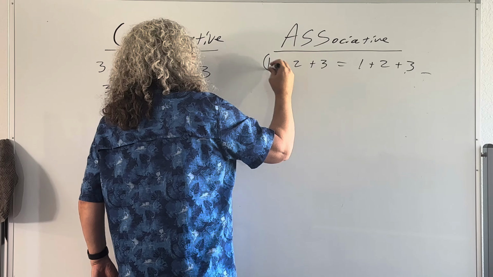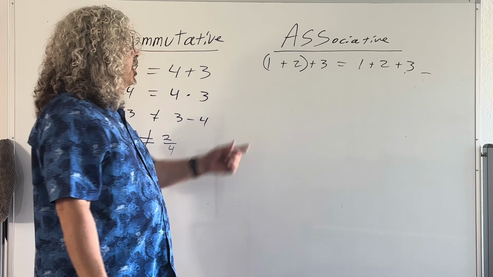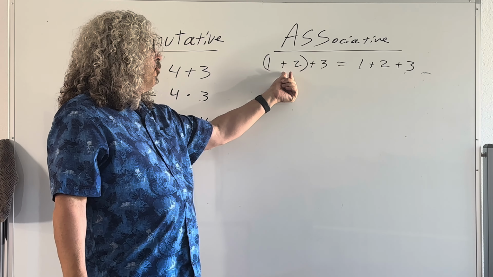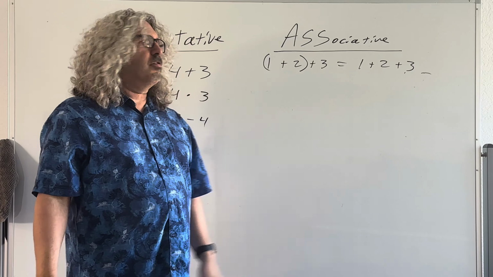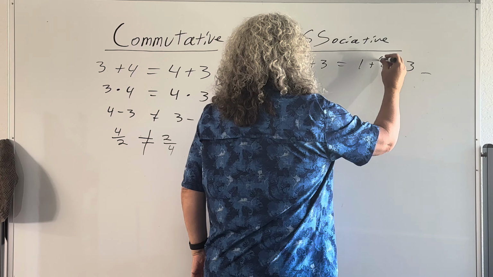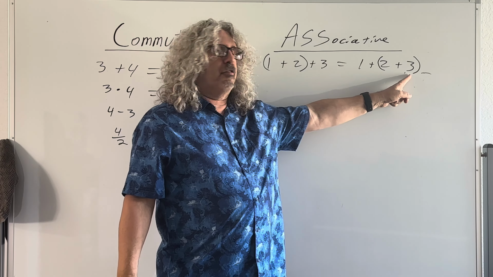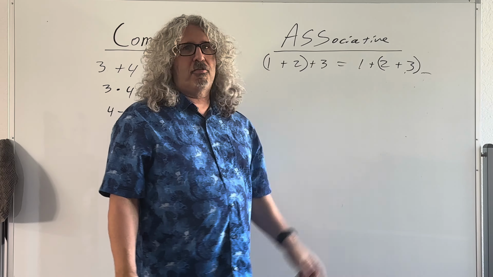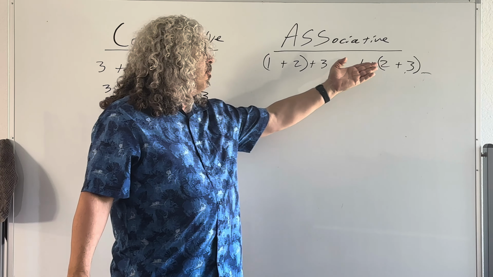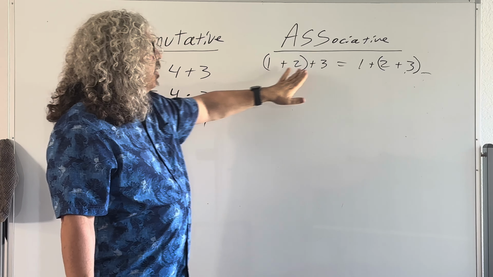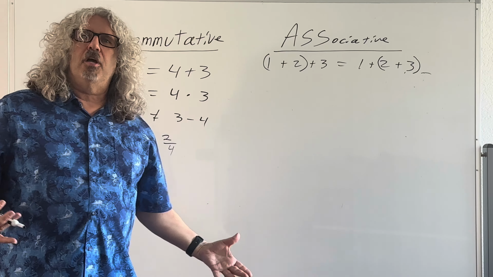The difference is we'll group 1 and 2 separately and do that first. 1 plus 2 is 3. 3 plus 3 is 6. And in here, we'll group these two numbers together and do that one first. 2 plus 3 is 5. 5 plus 1 is 6. 6 equals 6. So with the associative, we're not going to change the order. We're just going to change how we group them.